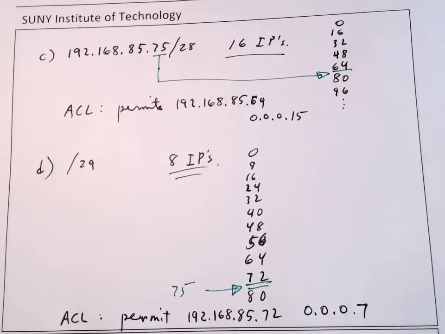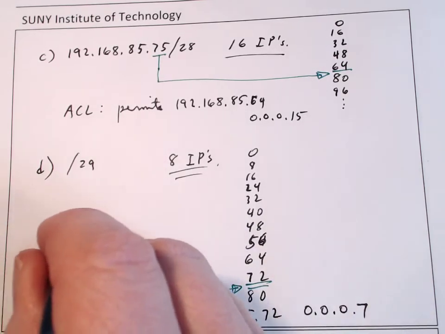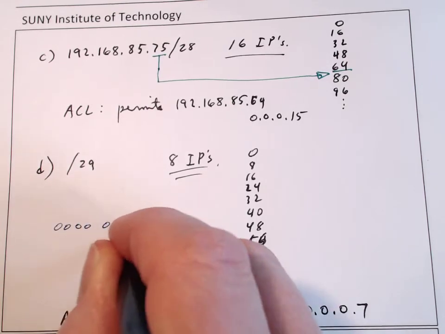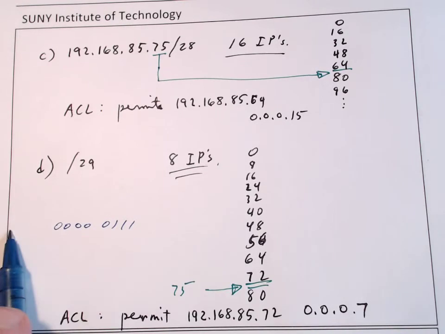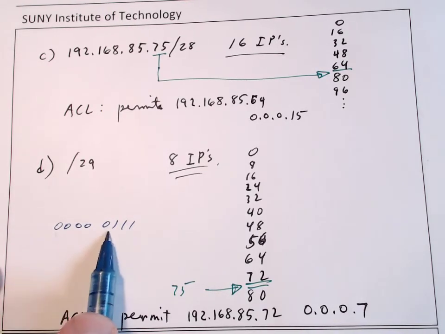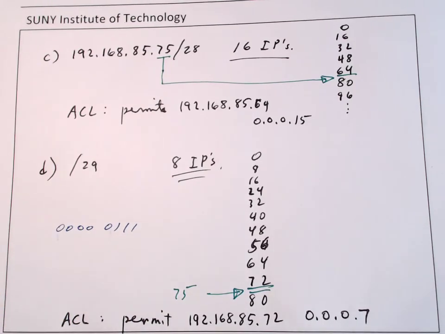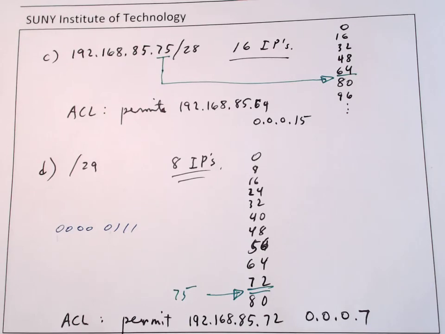If you want, you can go through all the details on calculating the .7, but basically it has 3 1s at the end, and that is a binary 7. That comes from the fact that we've got 24 zeros plus 5 zeros gives us 29 zeros, and then 3 1s at the end gives us the .7. So that's how you do problem 5. Hope that helps.